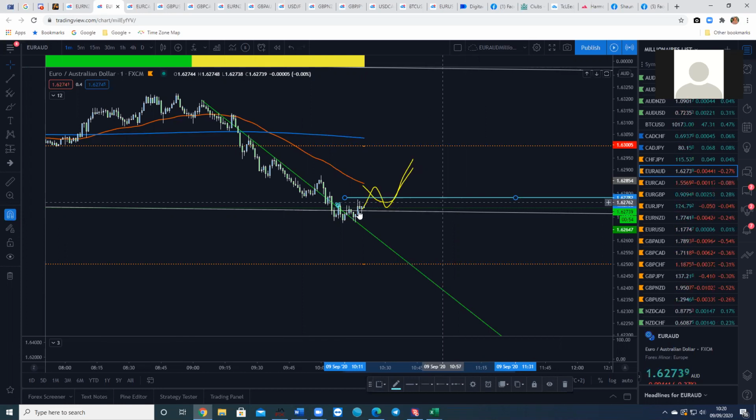That's got an alert. So if it starts to do a break and a retest, I can't put it down here because obviously it's going to go off any minute. So that's EuroAUD, another fast one.